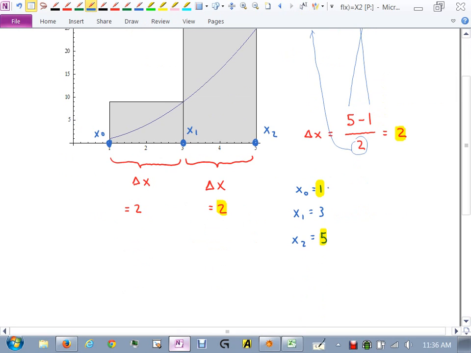And really, to get from here to here, and then from here to here, all we're doing is adding 2 each time. Would you agree? Adding 2 each time? And what's 2? Delta x, isn't it? So you could, if you wanted to, say that this is x0. This one is x0 plus delta x. And this one is x0 plus 2 delta x's.